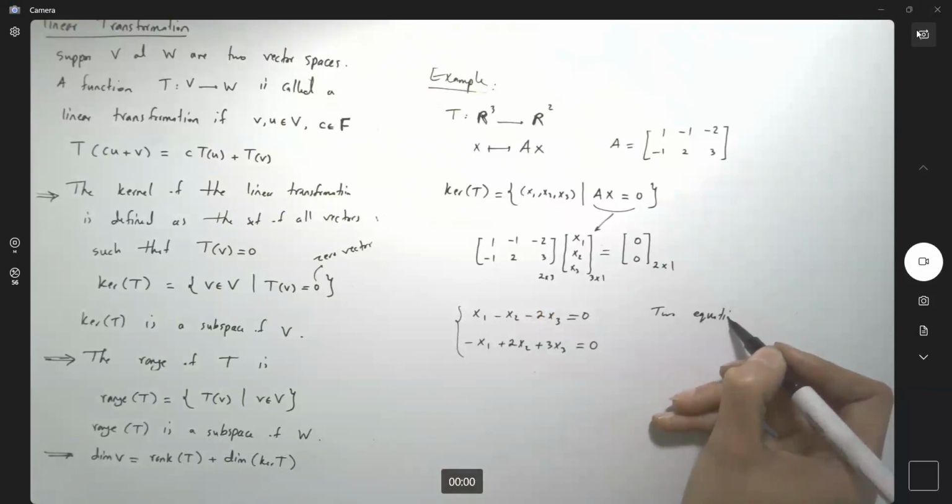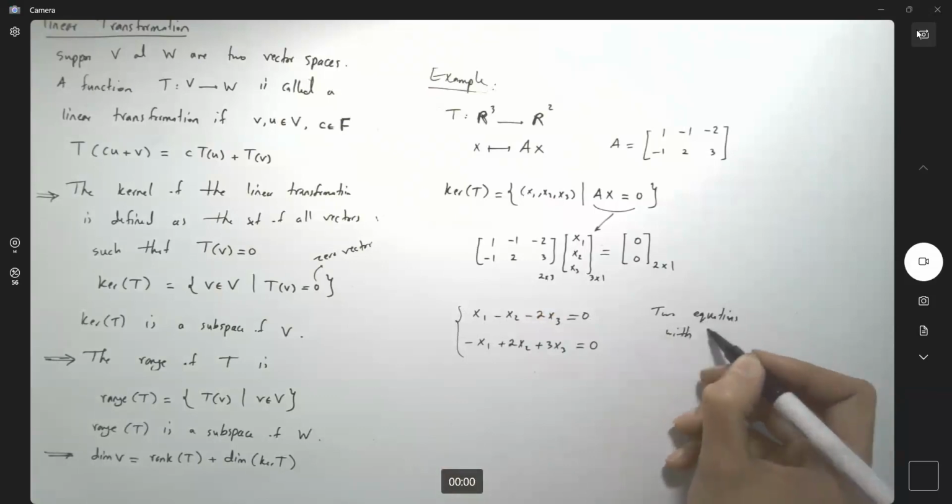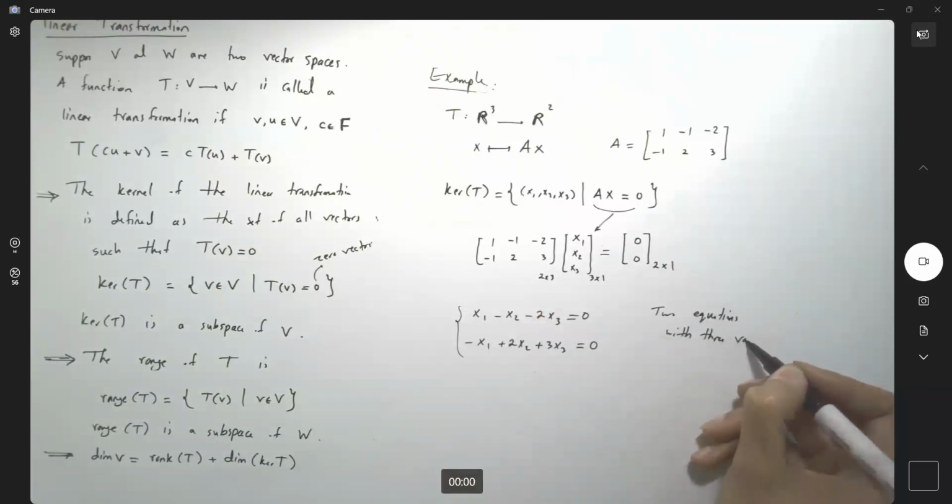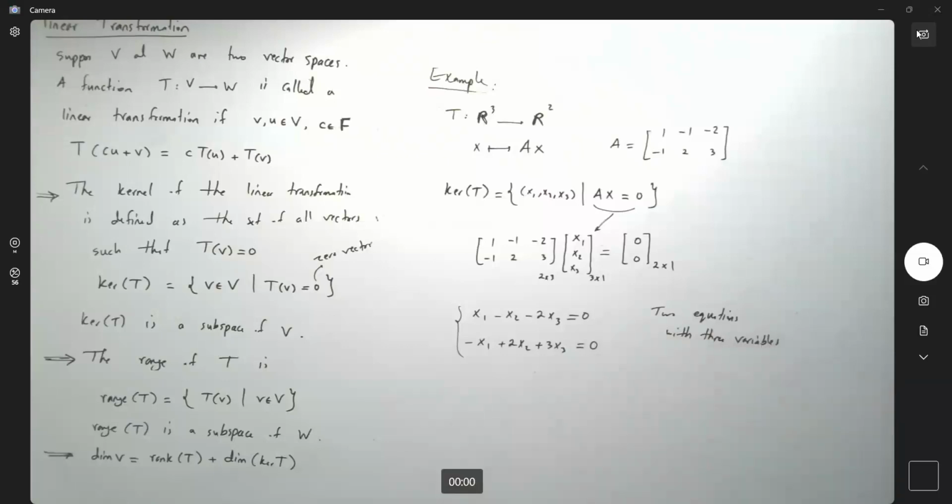What we can do here is reduce the matrix.